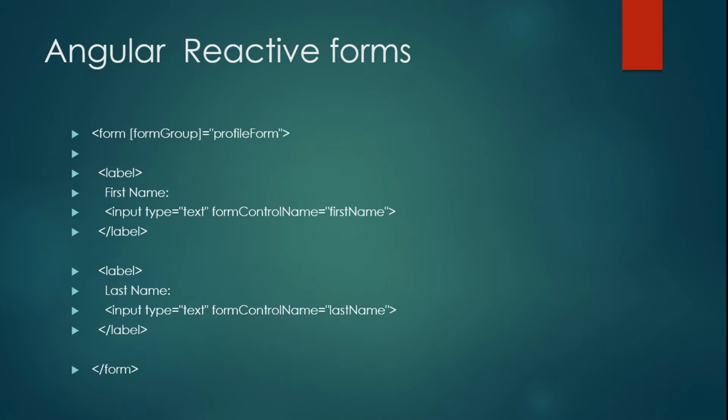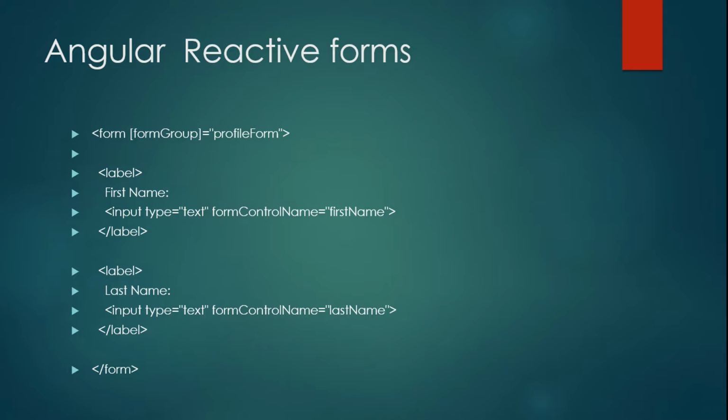Angular provides the formControlName directive to bind the FormControl instance to the form input element, which is under the FormGroup form, and that form is bound to the FormGroup model through the formGroup directive. See in the form's first statement, the formGroup directive, and we pass the FormGroup model instance, that is the profileForm.